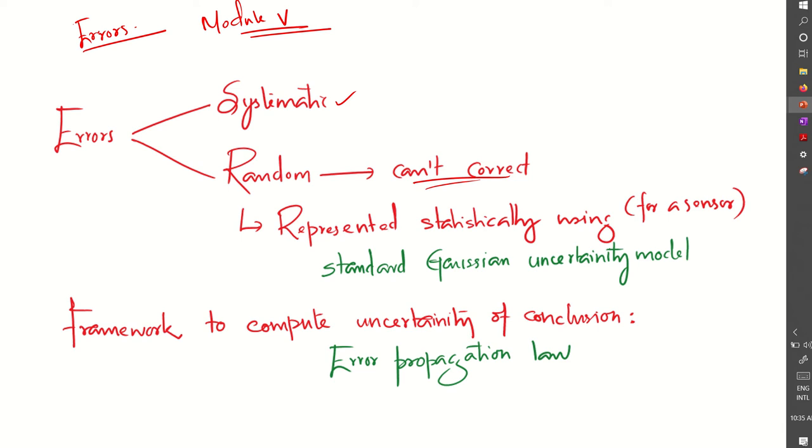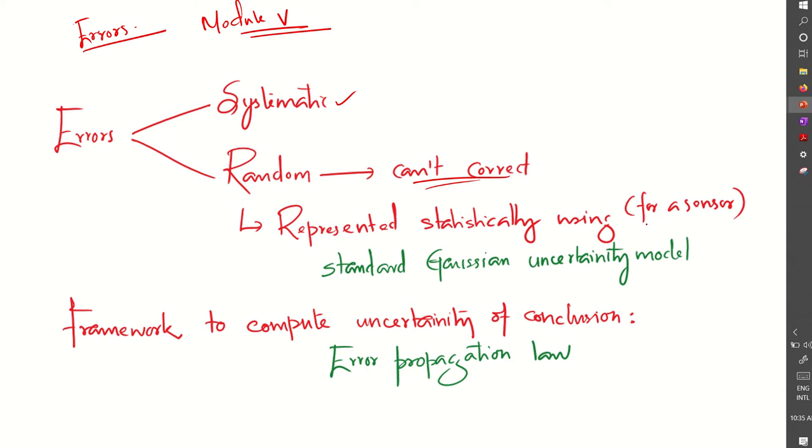You can take one sensor, and in the practical case of mobile robotics, there will be multiple sensors. So the error model of each sensor will be taken care of, and we will see how the combined effect of these error models will be reflected in the output of the mobile robot.